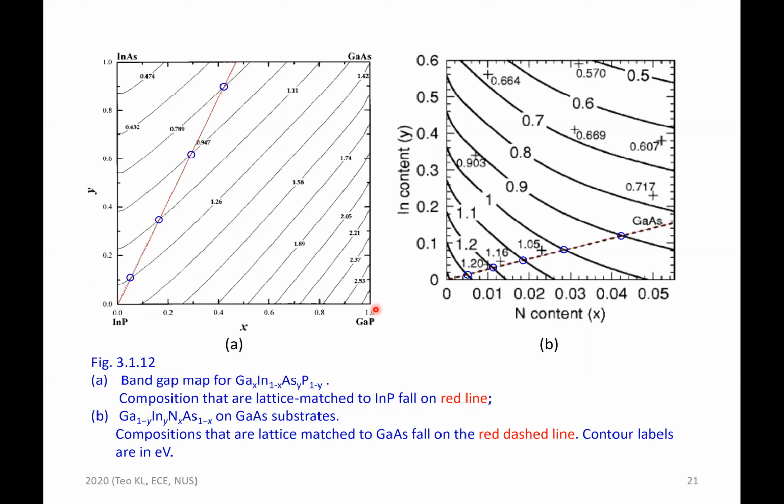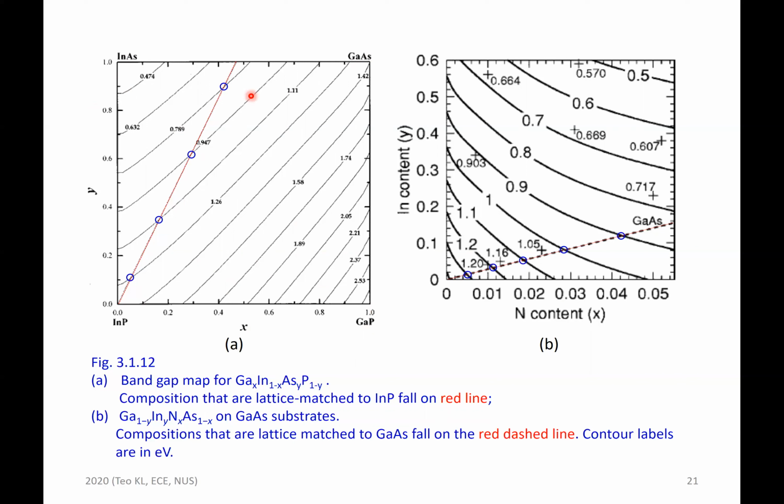Then you can have indium arsenide, where x is 0 and y is 1. And you can have gallium arsenide at this point, where x goes to 1 and y is 1.